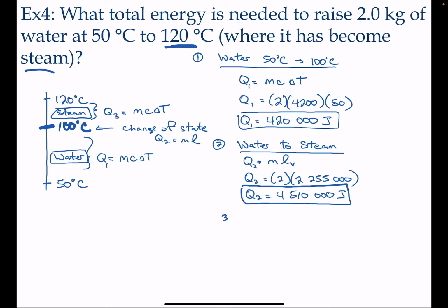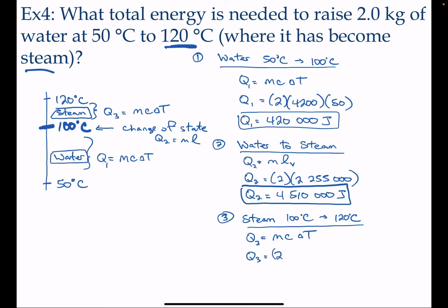Step 3, we're still not done. Step 3 is this one up here. We have to raise the temperature of the steam from 100 degrees Celsius up to 120. Okay, so step 3, if you're raising the temperature of a substance, we're back to this equation, Q equals mc delta T. This is Q3.